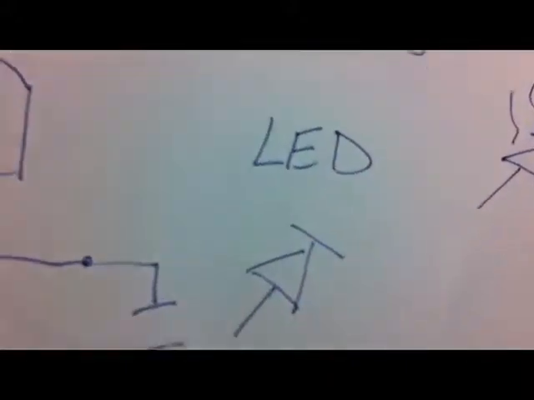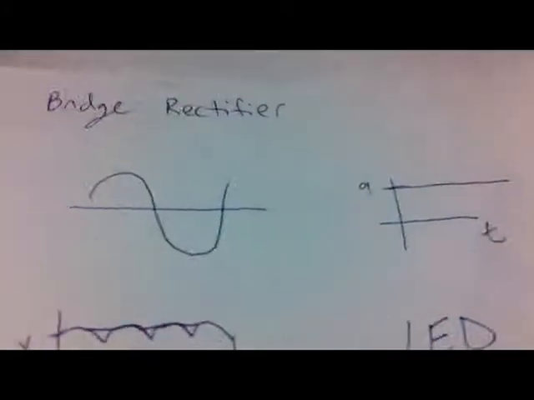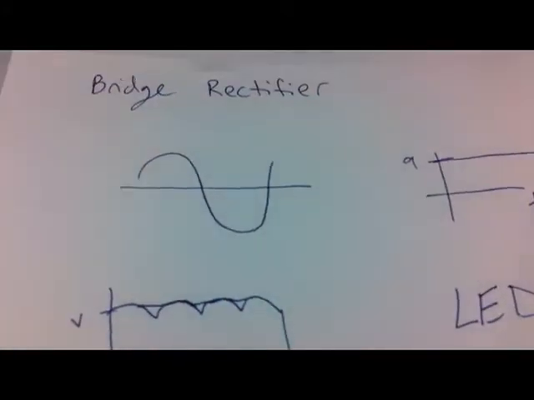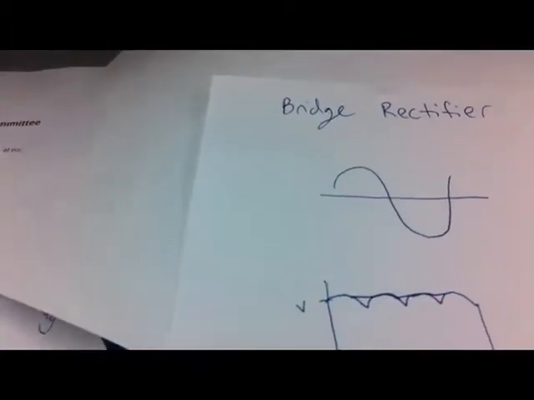Now, when we are plugging up our LED array, like I was saying, we can only have so much going into one LED at a time. We can have 3.1 volts.